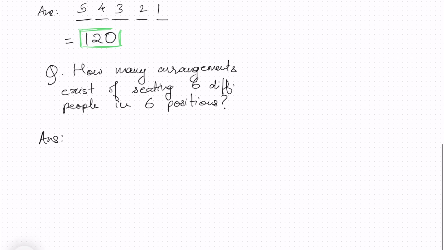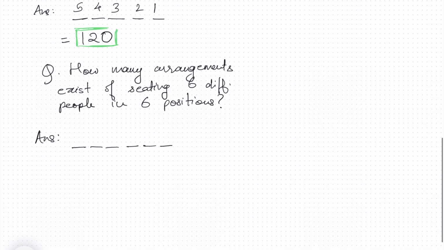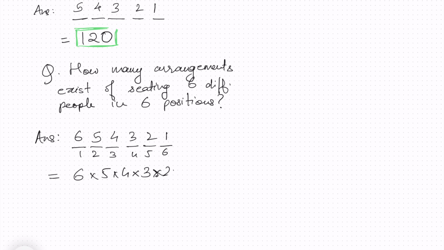Now I think you can tell the answer, but just to make it clear, I'll still give the solution. 6 places, 6 different people. So if I've allotted one person, the first place can be allotted in 6 ways, the second in 5, third and fourth, and so on, and you get the idea. So this is 6 into 5 into 4 into 3 into 2 into 1, which is 720.